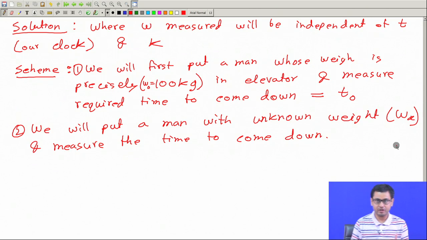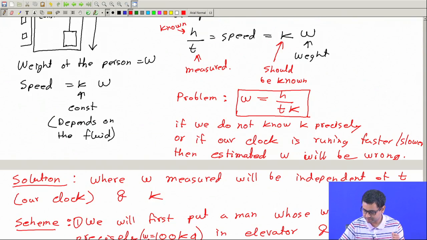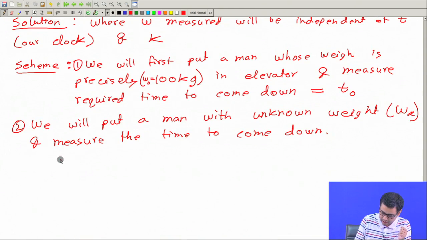And then it will be independent of whether our clock is running faster or slower, or whether we know this constant k precisely or not. It will be immaterial. How? Let us see. So from this previous rule, height by t0 is the speed for the reference man to come down, and this is equal to k w0, which is 100 kg, we know.